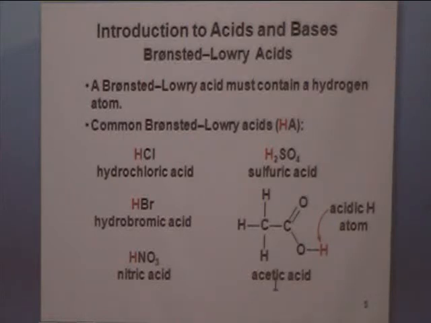Kathy, what's the formula for carbonic acid? Carbonic acid comes from carbonate, right? Yeah. Which is CO3. And the formula is going to be? HCO3 minus? No. Carbonic acid is going to be?